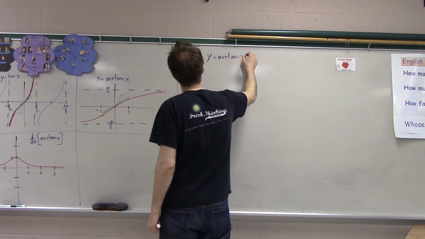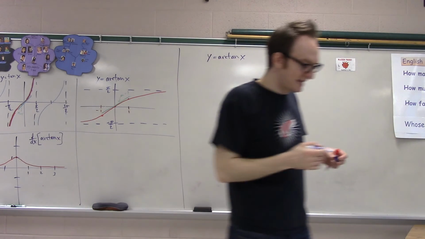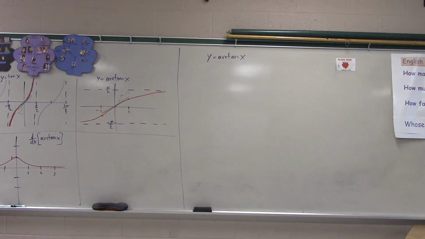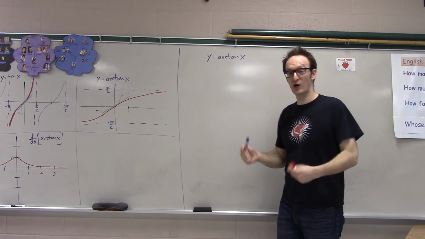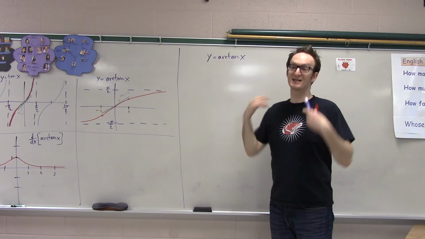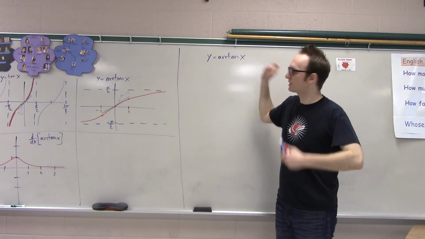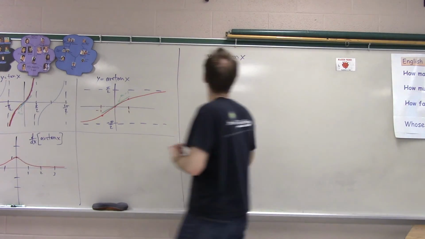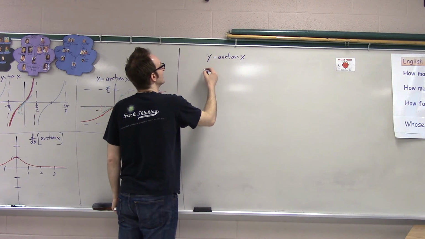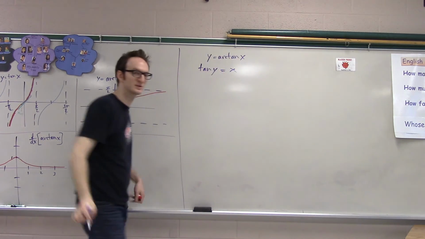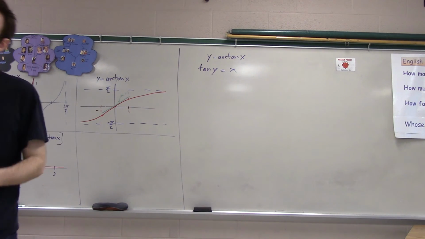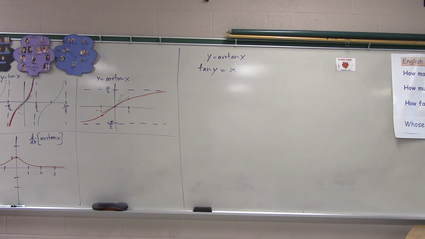I already know what the derivative of tan is, so I feel like I can use that somehow, right? In fact, there's only one thing I know about the arctan function, which is that by definition, if y equals arctan x, then x equals tan y. So take the tan of both sides, if you will.